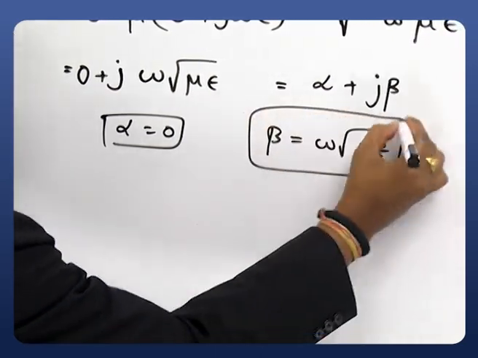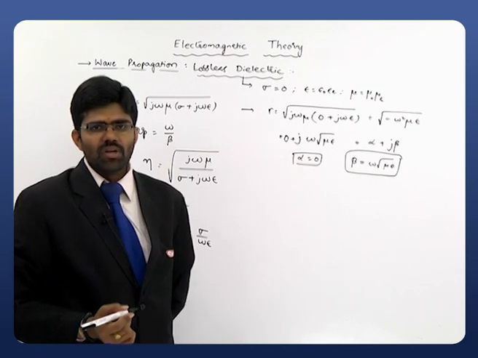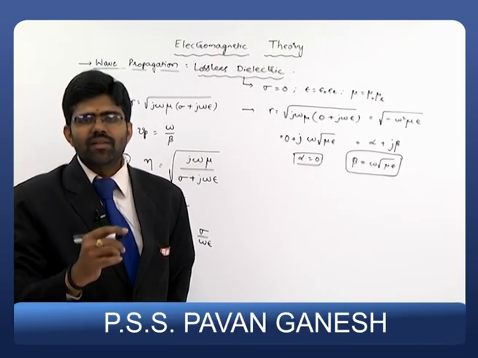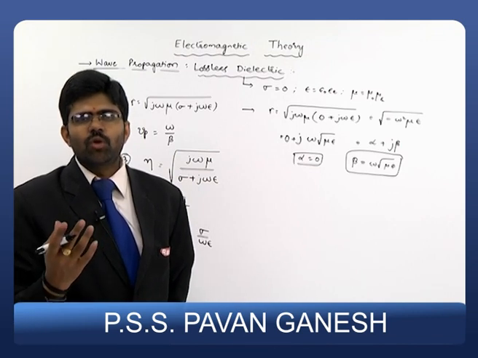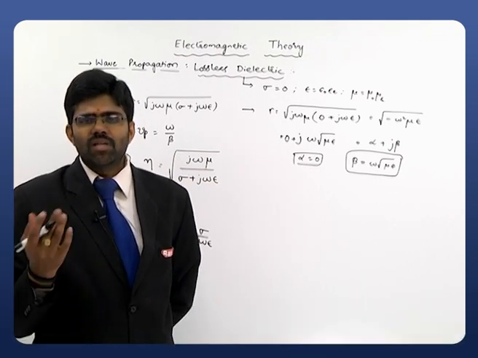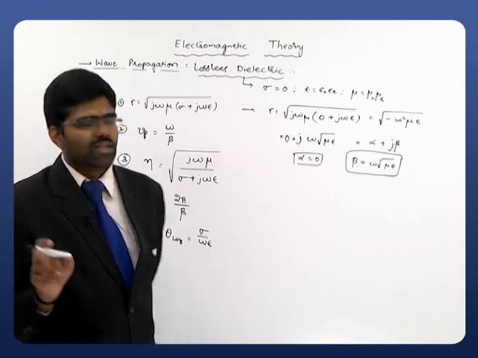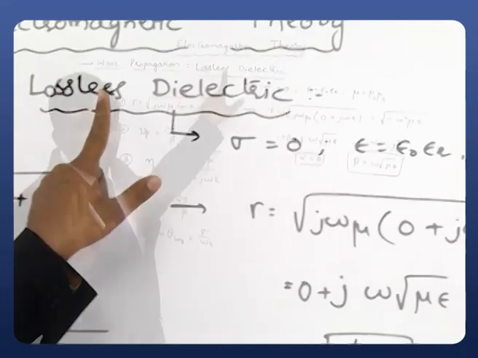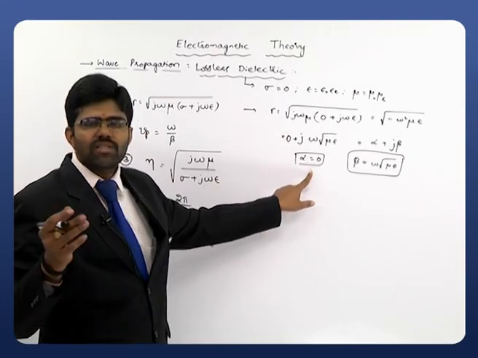Among these two, alpha equals 0 is important. What is alpha equals 0? Alpha is the attenuation factor. Attenuation factor is 0 means there is no attenuation, no loss. That's why it is said to be the lossless dielectric. Clearly remember, for lossless dielectric alpha is always equal to 0.